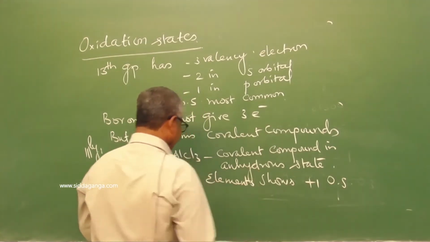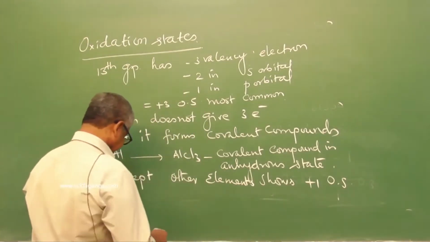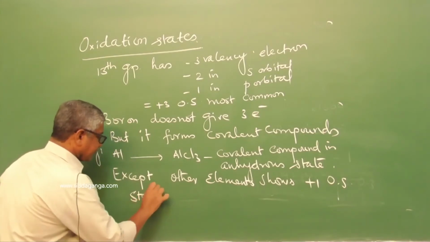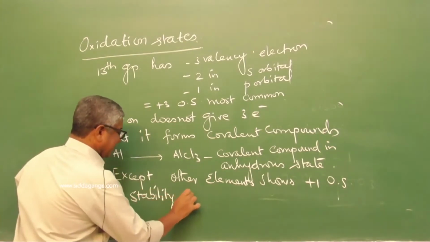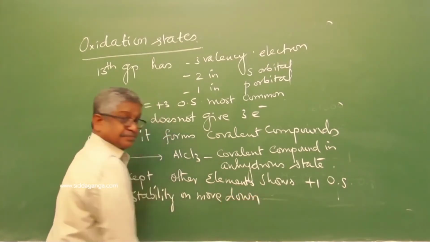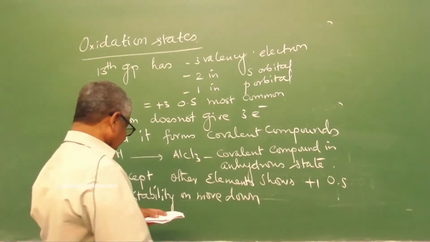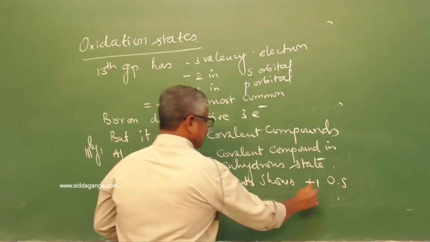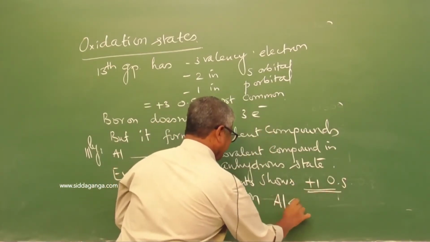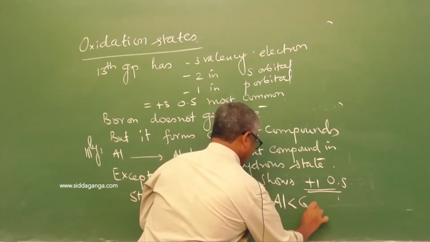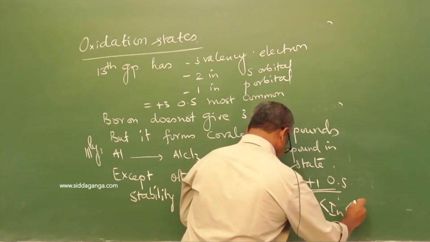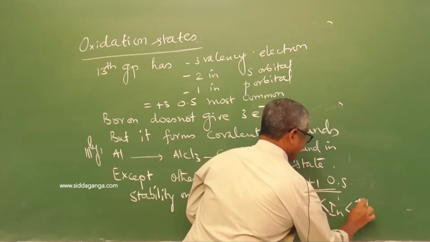If we move down the group, the stability of the +1 oxidation state increases: aluminium is less stable than gallium, less stable than indium and thallium.